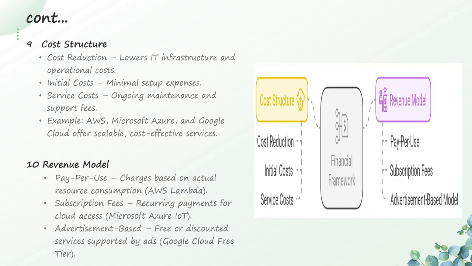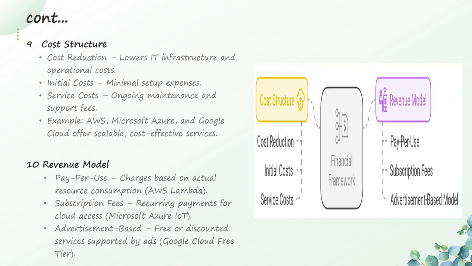Then we have the initial cost for installation, where minimal setup cost will be there because most infrastructure is managed by the cloud providers. And you have service costs, ongoing expenses for cloud maintenance, and support and updates are provided. Example here is AWS, Microsoft Azure and Google Cloud, which reduce the cost by offering scalable resources, charging only for the usage.